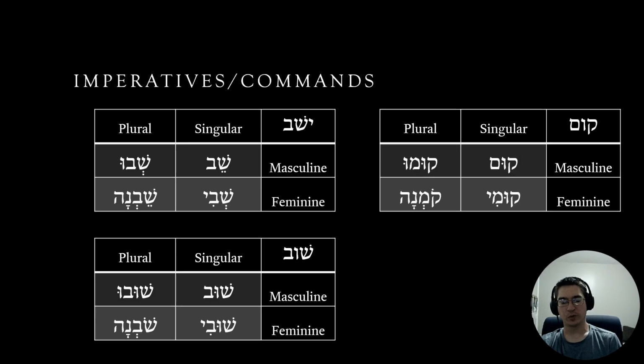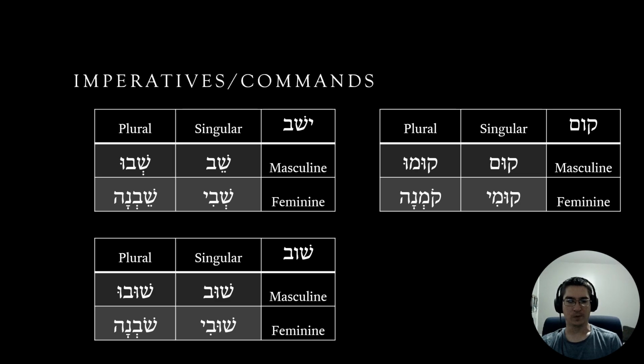Let's transition at this point to discuss imperatives, or commands in Hebrew. I've given you three instances on the screen. First, we have kum in the upper right, then yashav and shuv. In each case, I've given the root for the word in the upper right-hand corner. In the case of kum, you have kof, vav, mem, with yashav, yod, shin, bet, and with shuv, shin, vav, bet.